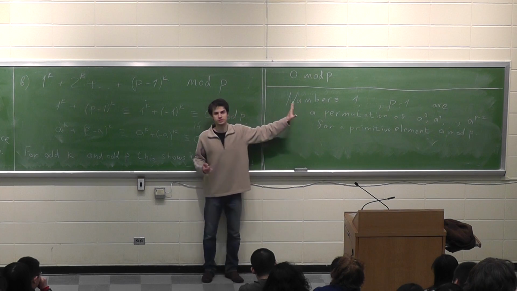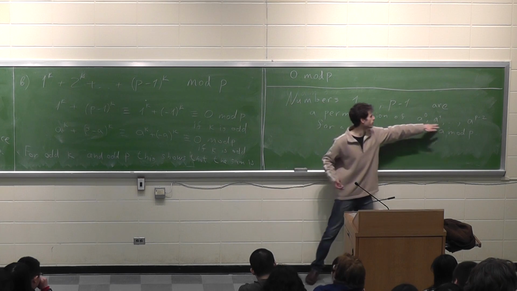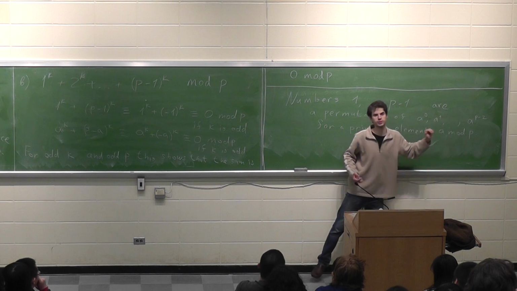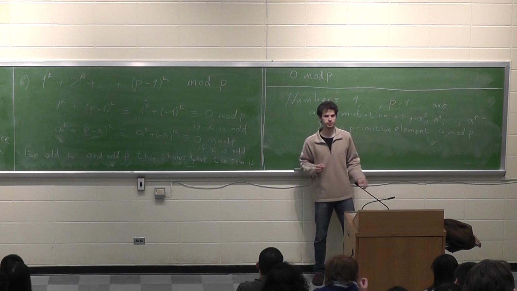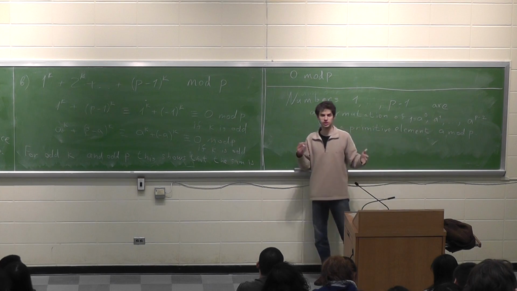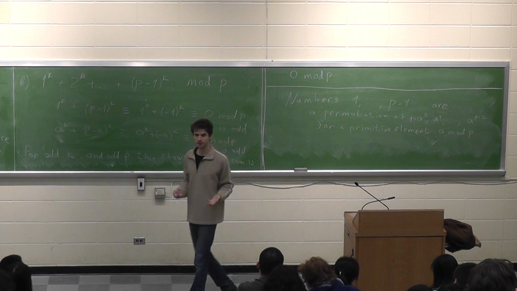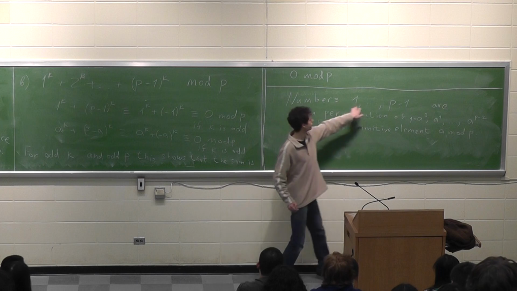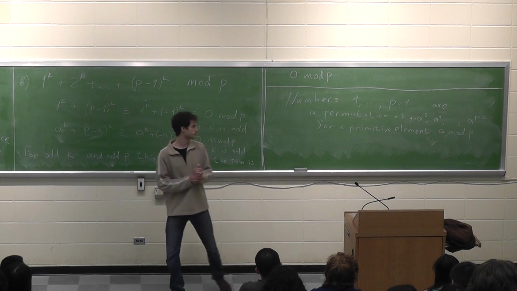Every element from 1 to p minus 1 can be written as some power of a, and this power is from 0 to p minus 2. A to the power 0 is just 1. But other elements are just some permutation. I don't know what is a, I don't know what is its square, and so on, but I do know that every number from 1 to p minus 1 is some power of this a.